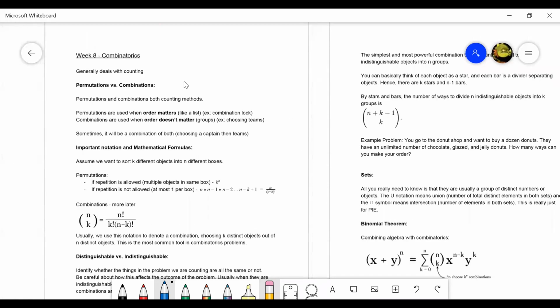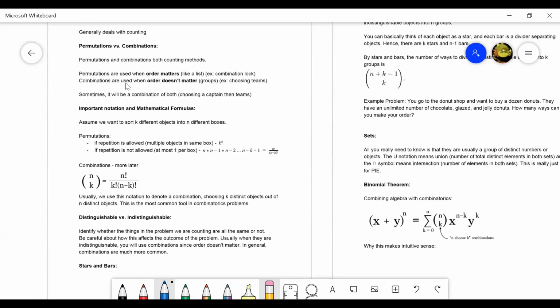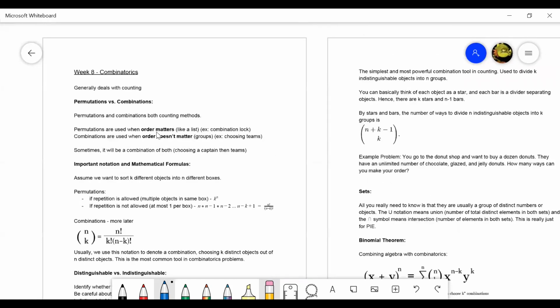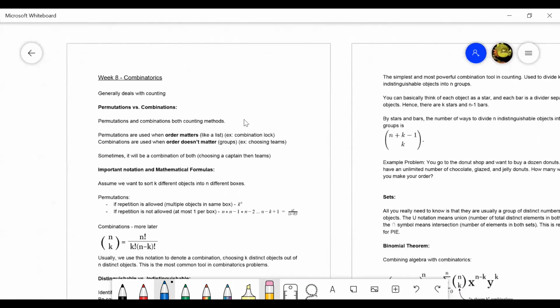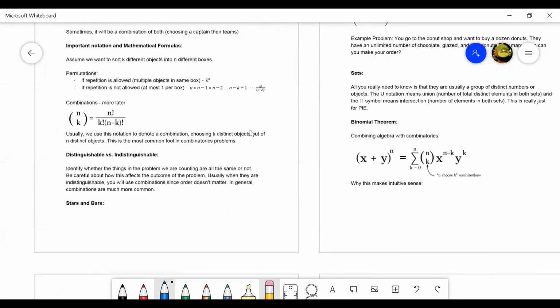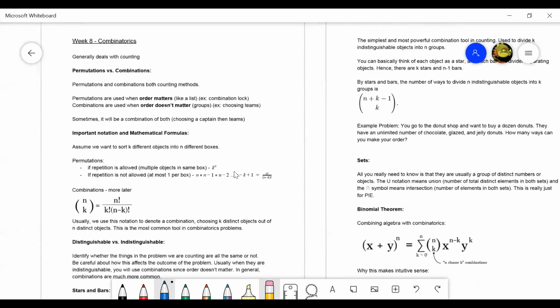I think that also means that I don't have to spend as much time going over all of the stuff in the lecture. I'll just go through it quickly and I'll explain the new stuff like I usually do.